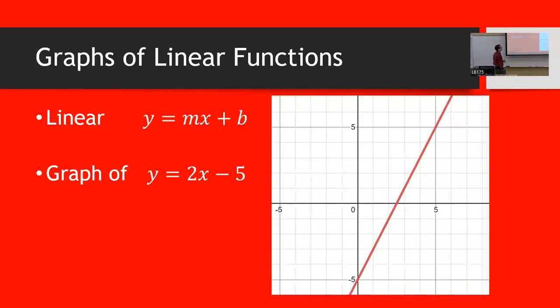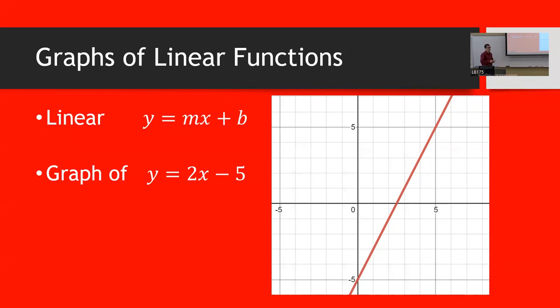If we have a y equals mx plus b, no matter what the m and the b are, it's going to produce a straight line on a graph. So if our data looks, in general, like a straight line, that's probably going to best fit with a linear function.